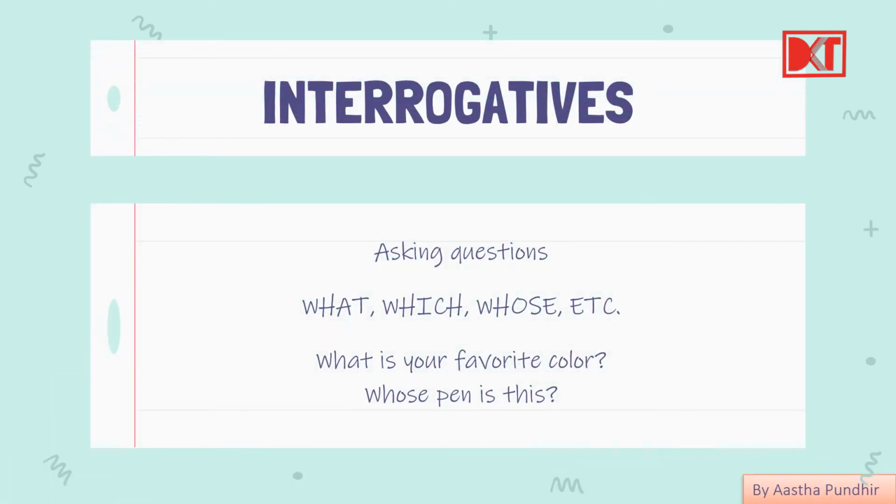Okay, next up we have interrogatives. I think this is probably the easiest. Interrogatives are used to interrogate, asking questions like what, which, whose, etc. Questions like what is your favorite color, whose pen is this. What is used for asking about a specific thing or object, which is used for asking about a choice, whose is used for asking about the possession or belongingness of something.